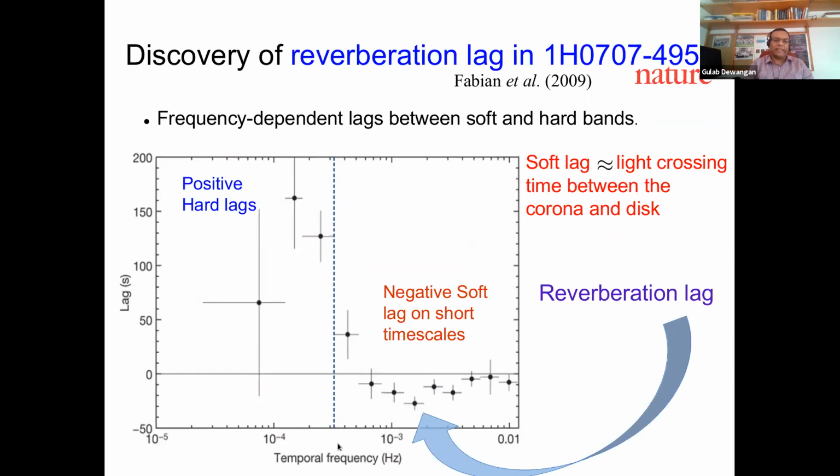So what this plot tells us is that the amount of lag is a function of time scale. For example, low frequencies mean longer time scales. If you are looking at the variability on longer time scales, then it is the soft band which is leading the hard band.